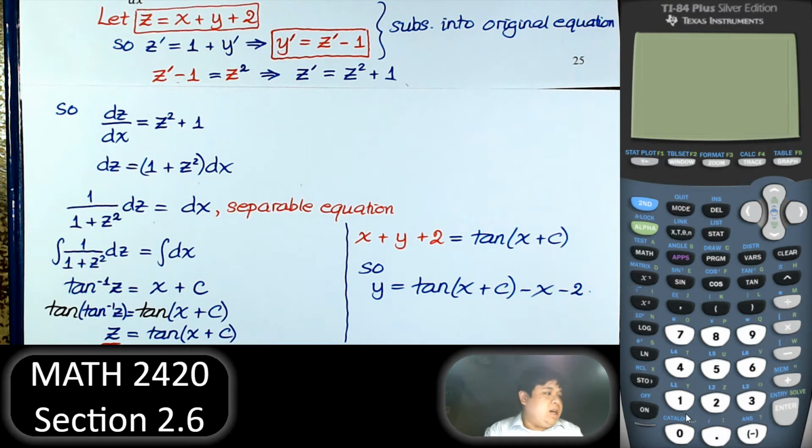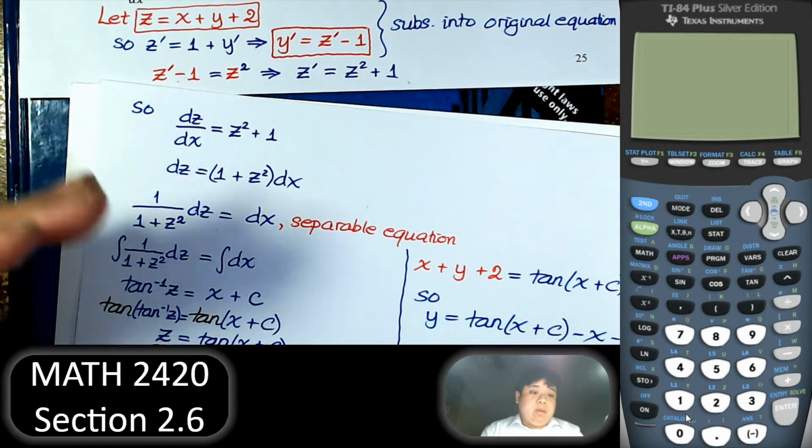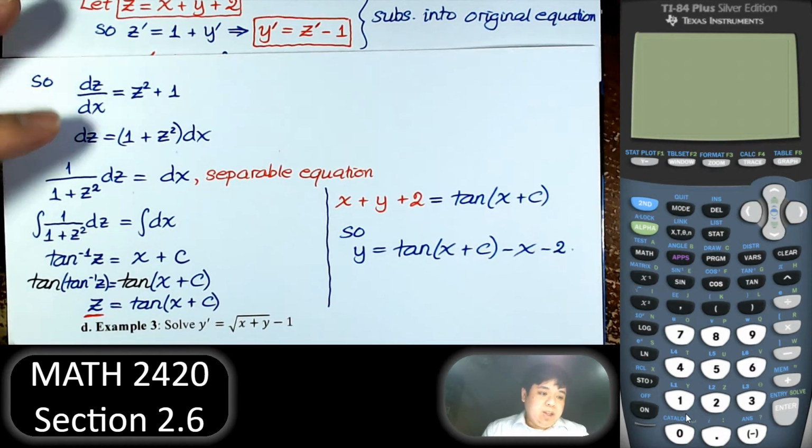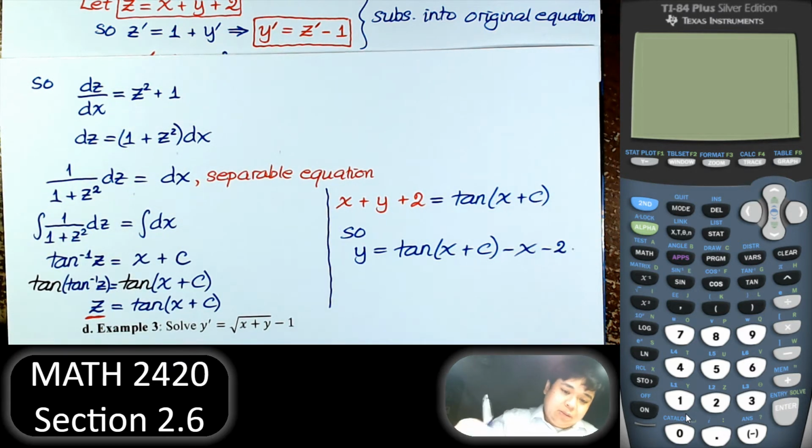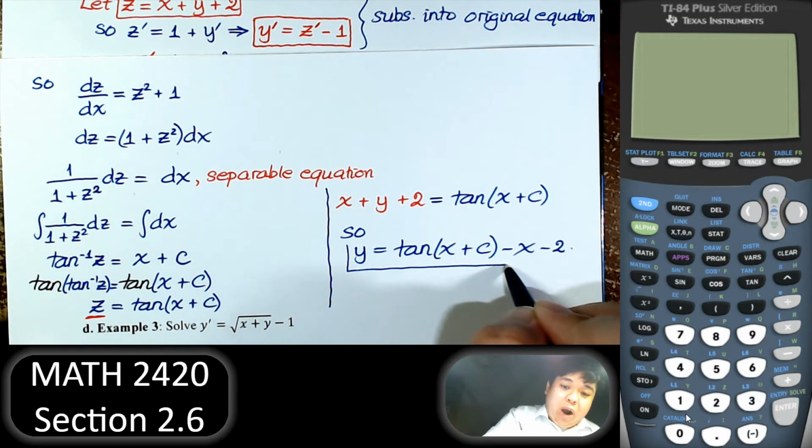So just like the homogeneous equation, we do the substitution. When we do the substitution, we have the new equation. It will be a separable equation. So for a separable equation, we just separate the x and whatever the other variables. Integrate both sides. If possible, we can write y equal to.